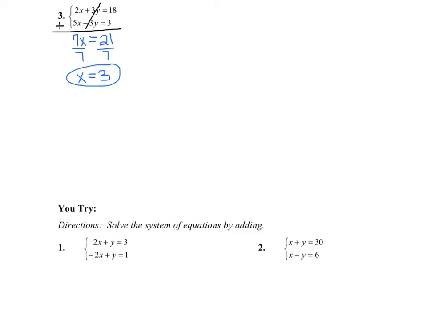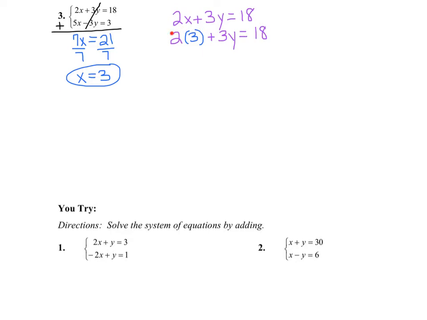Now we're going to plug in or replace x in one of the equations to find the y. So I'm going to use the first equation. I'm going to write it as 2x plus 3y equals 18. So we have 2, we just found our x, which is 3. So 2 times 3 plus 3y equals 18.